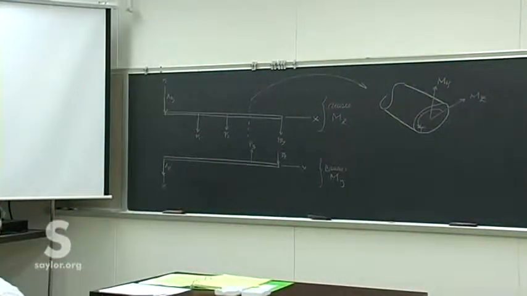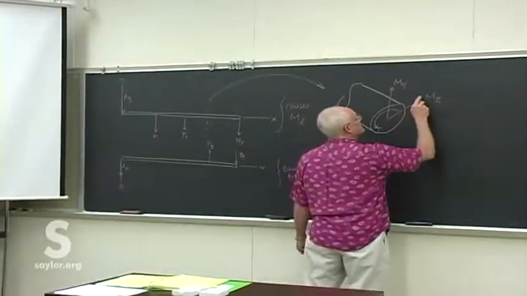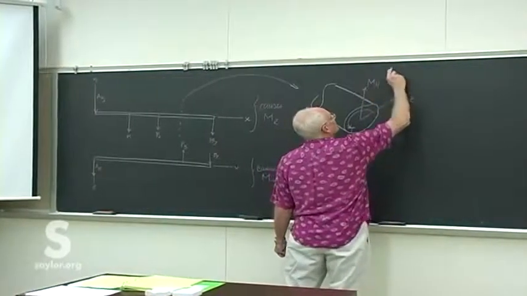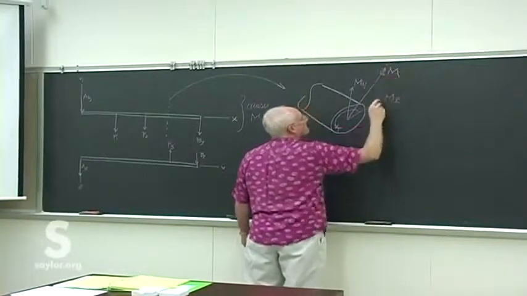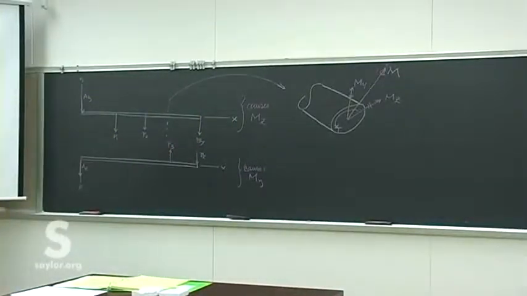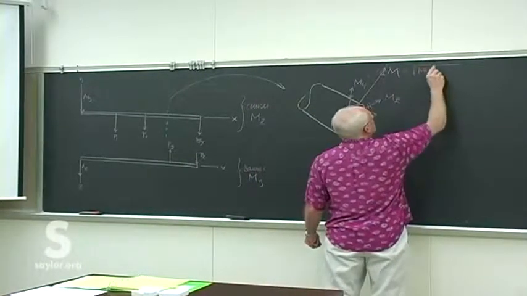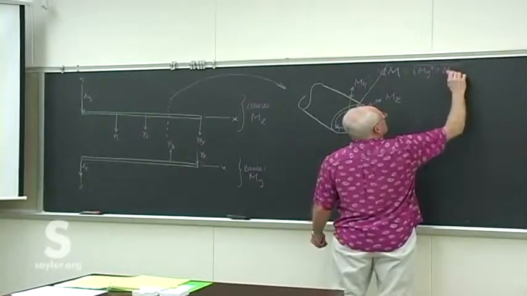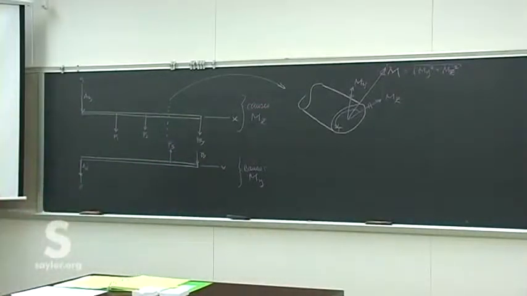Now, that might be a little bit of a problem for us because we haven't done any problems that have moments in two different directions. But the beauty of this being a circular shaft is that we don't need to worry about those because it's just a net moment in one particular direction, which we can easily get from My and Mz, by just adding their components together, getting the magnitude of that.